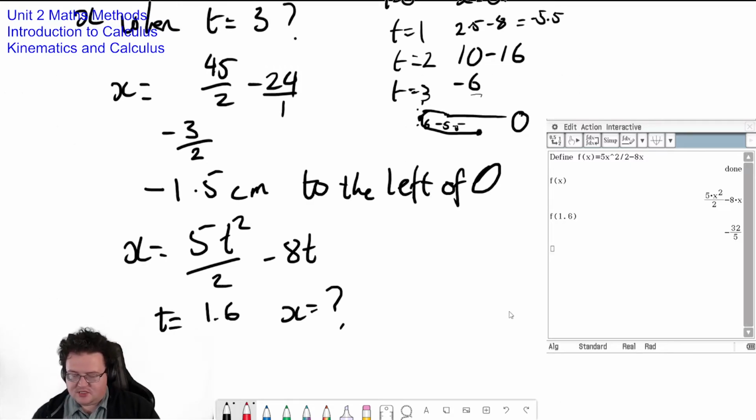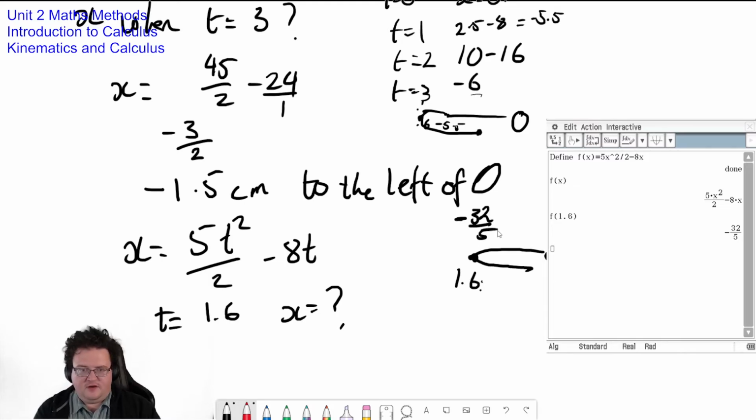So that means that if you were modeling the particle, it went out and then back. And that turnaround point was at 1.6 seconds, which was negative 32 over 5, which converts to a decimal, 6.4.